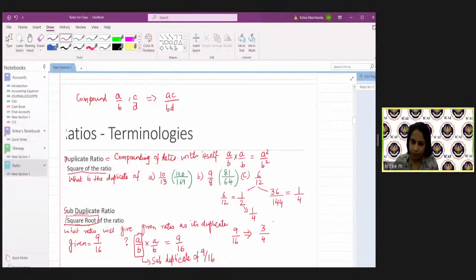Let's try another one. Let's try to find out subduplicate of 576 by 729. You might be thinking, if the numbers are going to go bigger, how are we going to do it? You can use calculators, and all the simple calculators have the function of square root with them.